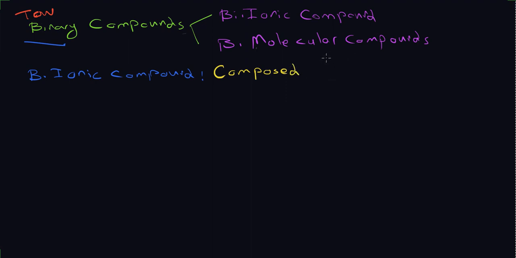Of two different elements. So it's called binary ionic compounds. So the total numbers of positive charge and negative charge must be equal.